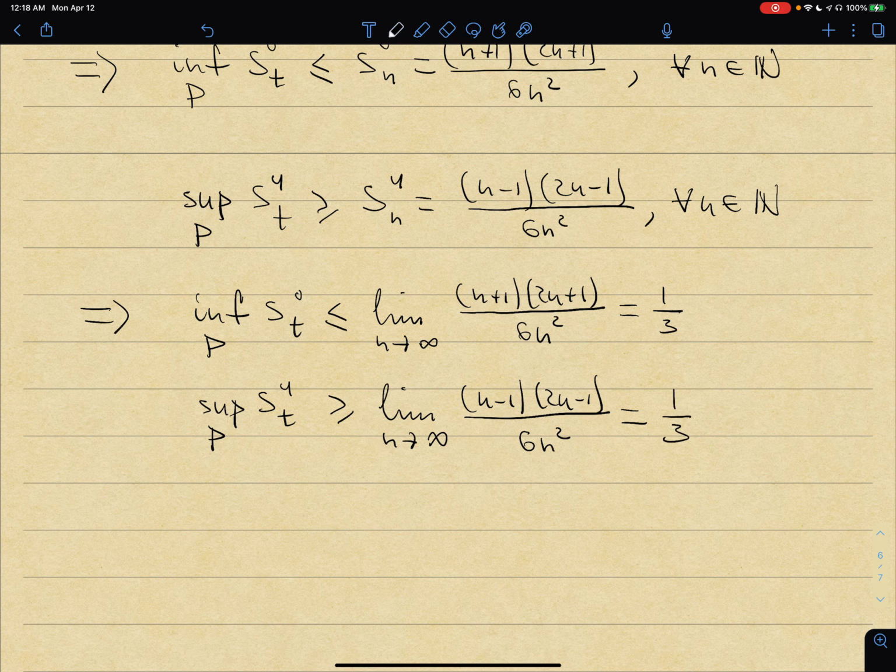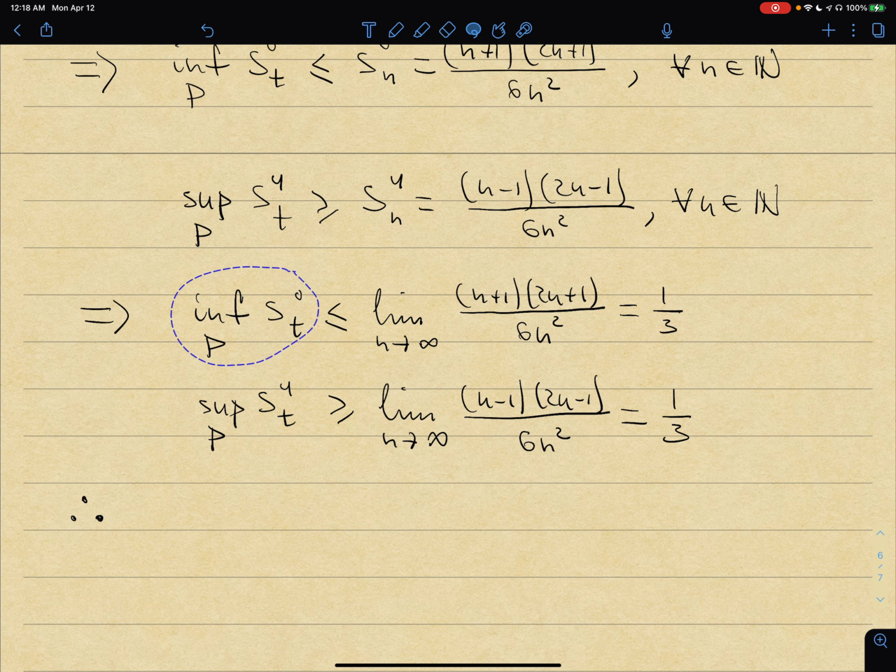And so what can I conclude from this? What is the meaning of this term? S_0 is any overestimation of my integral by using these intervals, right?